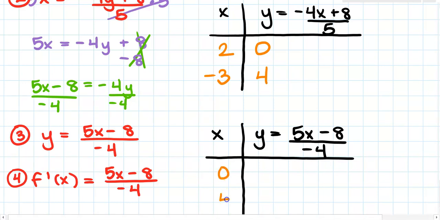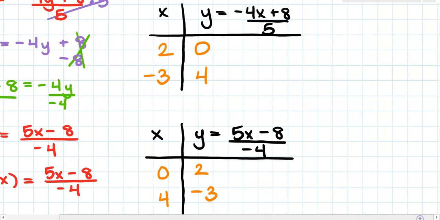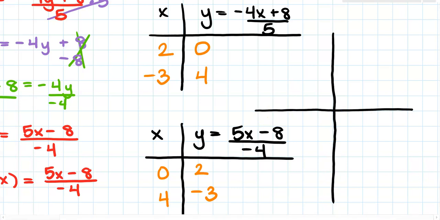Okay, so then what I'm going to do down here is just flip these numbers around. So I'm going to put 0, 4 underneath my x, and 2, negative 3 underneath the y. And now I need to graph these two lines. Okay, so I'm going to do this over here. So I'm probably going to run into my work here, but that's okay. So I have 2, 0, negative 3, 4.